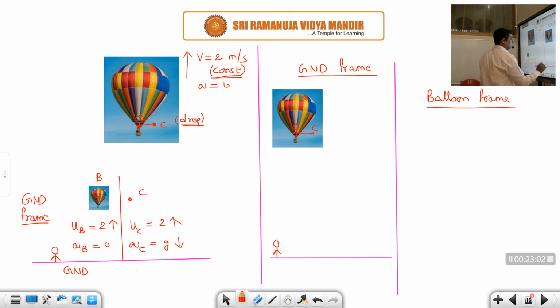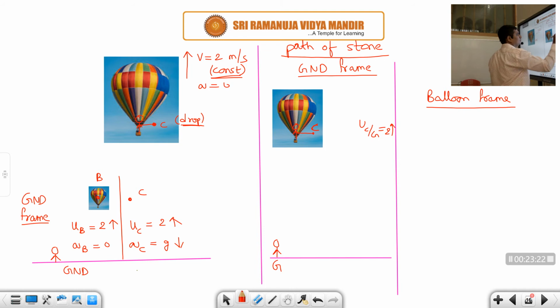When you stand on the ground and observe the coin's velocity, what is it? We are drawing the path of the stone from the ground frame. So what is the velocity, students?